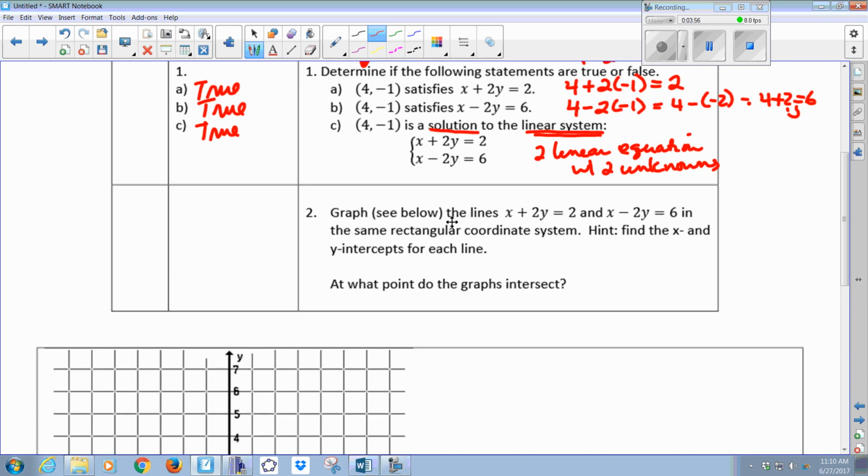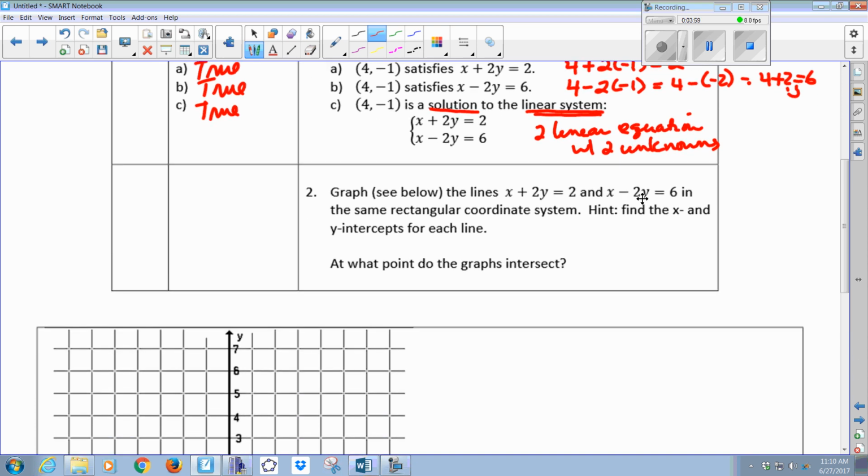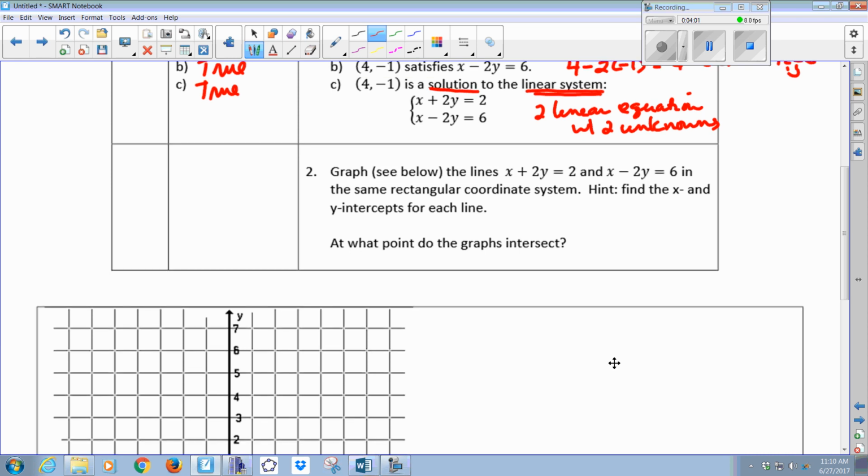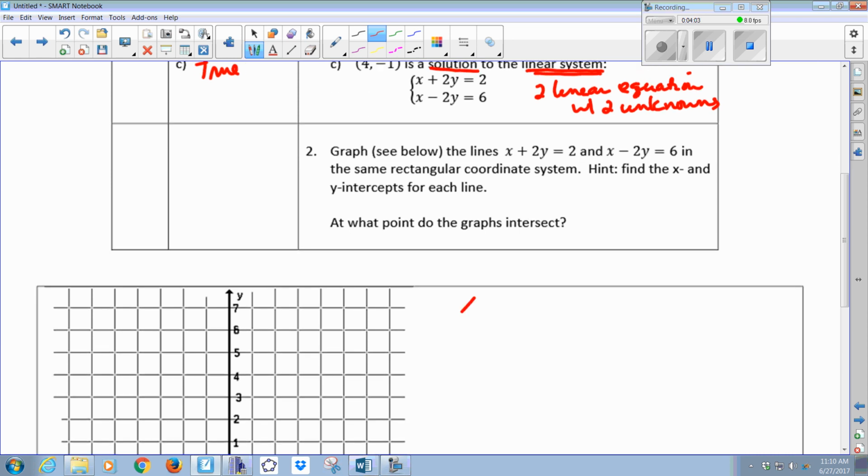Whenever you have lines given to you in what we call the general form like this, there's really no need to go back and convert everything to the y equals mx plus b form. In fact, the hint that we give you up here in the exercises is to just find the x and y intercepts. It's very quick and easy. And if you have 2 points and you found them correctly, then you can get a straight line.